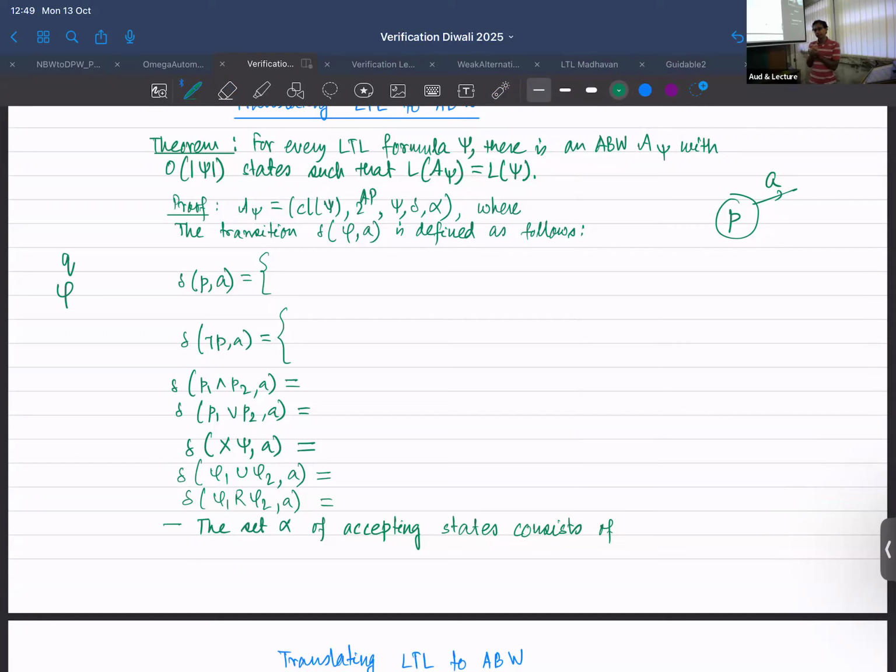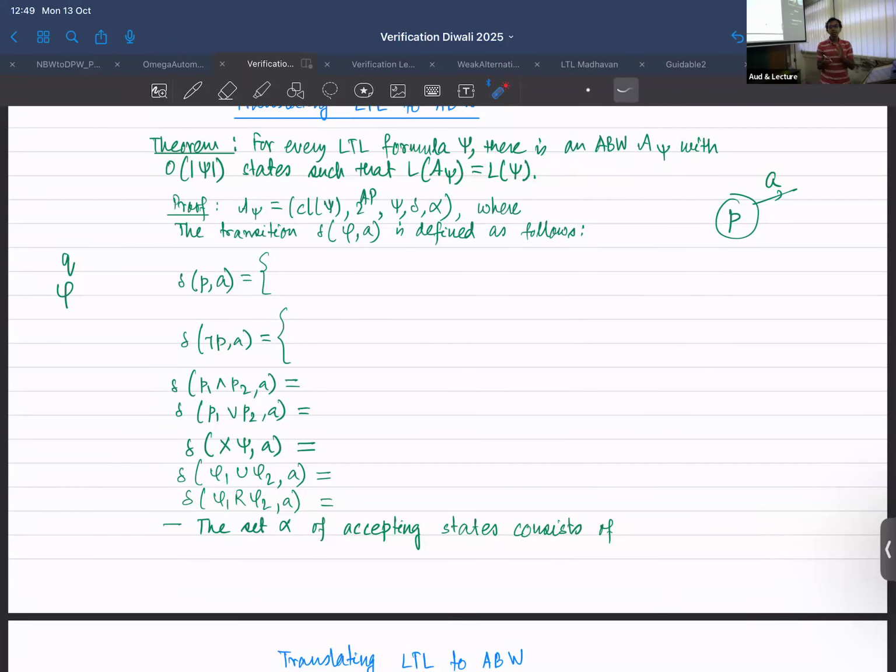The language accepted is the set of words which satisfy the formula phi. That is the idea of the construction, the invariant that you will follow. If you go from state phi 1 to some phi 2, since it's an ABW, you will have a formula. But suppose you reach a state where the label is phi 1, that means the language I'm going to accept from this state is the set of words which satisfy phi 1. Okay, so this is the intuition.